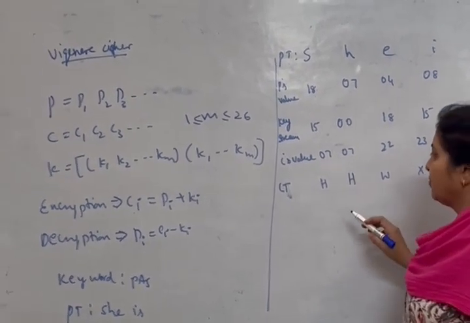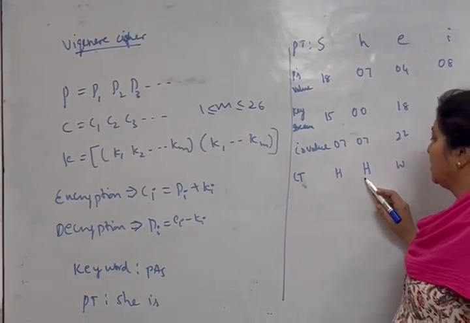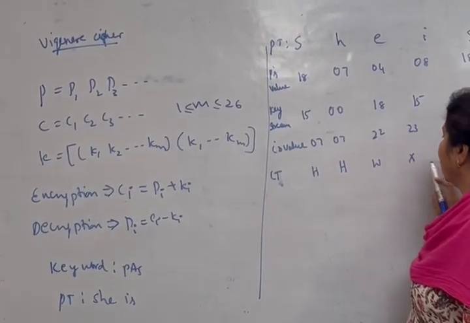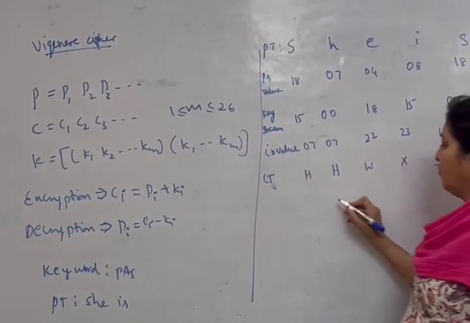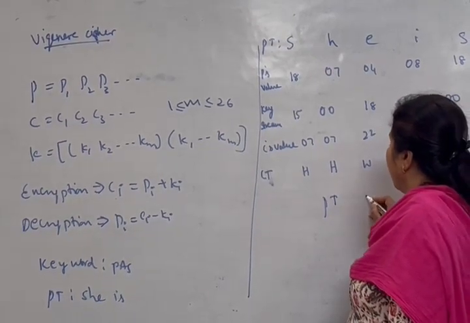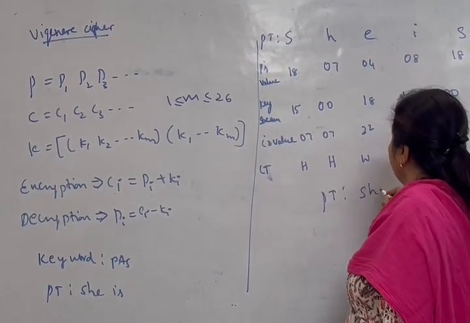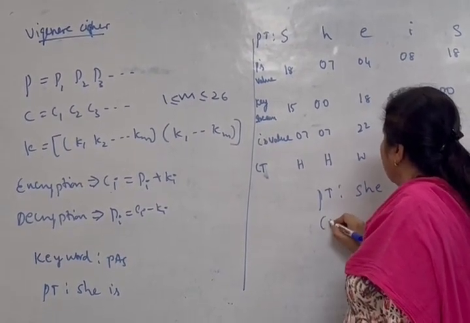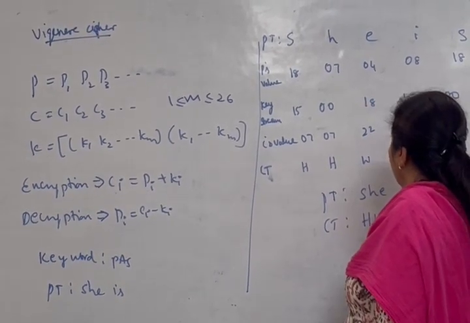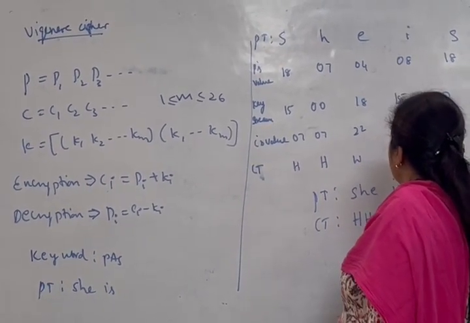So the corresponding ciphertext will be H, W, X as well as S. So for the plain text she is, the corresponding ciphertext will be H, W, X, S.